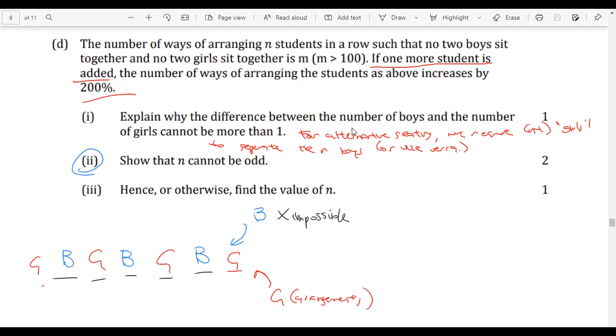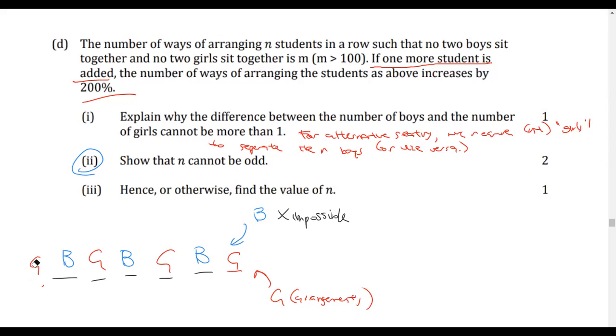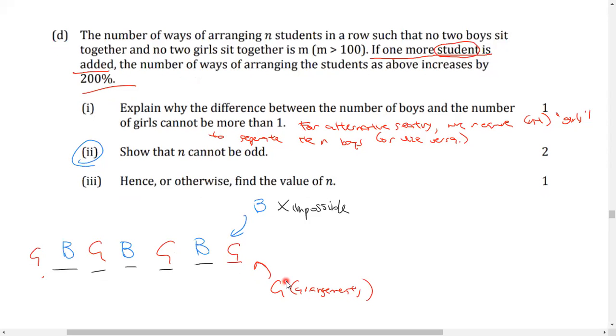You would get some amount of arrangements. But the thing is, and I think this is where the question's wording could be improved, the question refers to the fact that if one more student is added. So in other words, I think the question is essentially saying that it doesn't matter if the student is a boy or a girl, you should be able to do it.